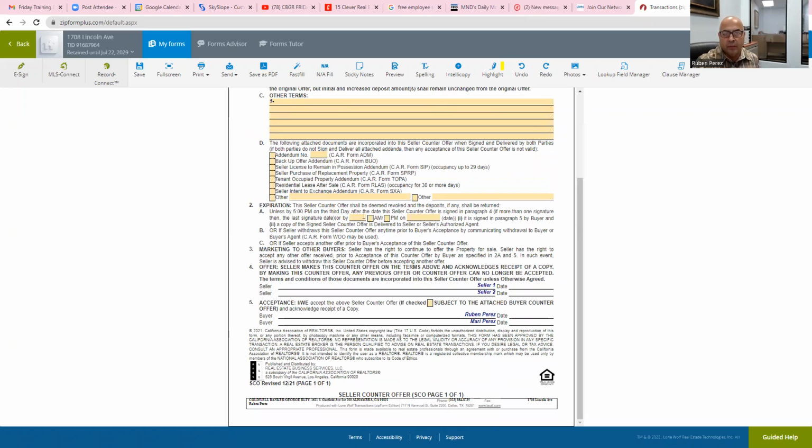At the very bottom right here is where the seller is going to indicate how long the buyer has to sign the counter offer and to proceed. And then at the very bottom is the acceptance of the counter offer by the two buyers, which in this case is myself and my wife.